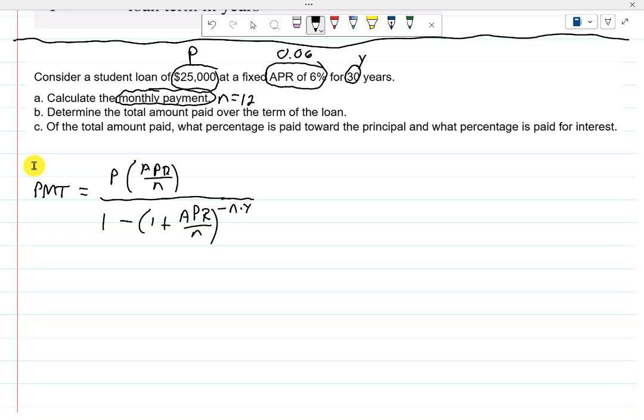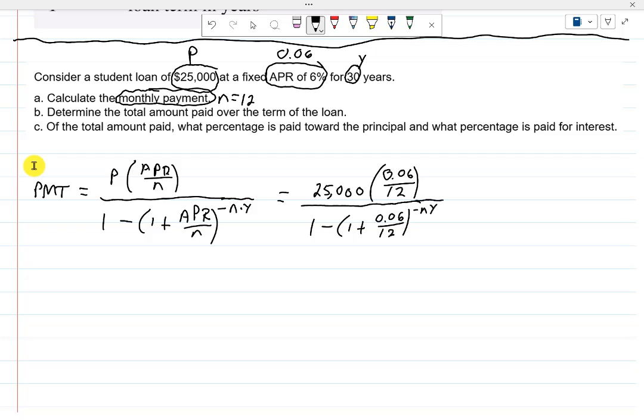Now when I plug these numbers in, all of them, the P was 25,000 and my APR 0.06 divided by 12, and all of that is over 1 minus 1 plus 0.06 over 12, and that's raised to the negative N times Y power.